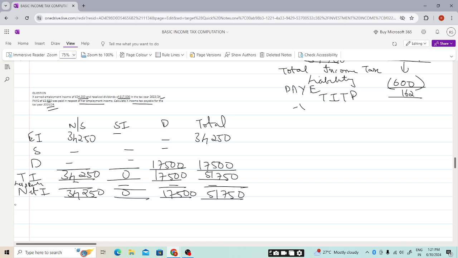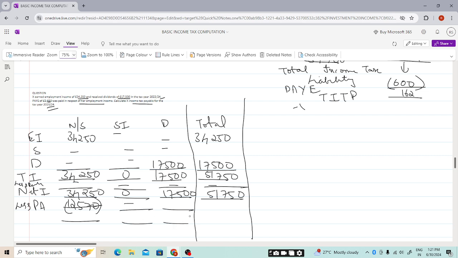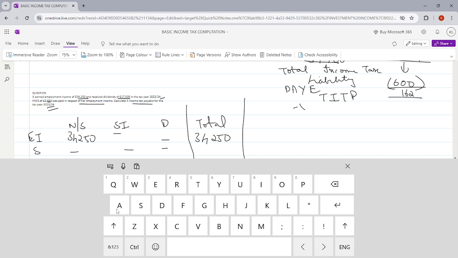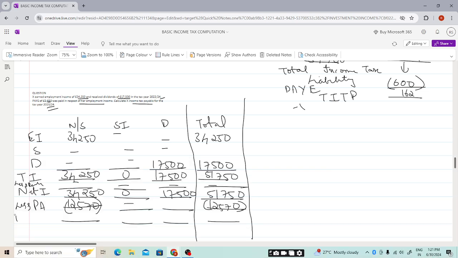Now we need to reduce the PA. First we need to see whether the PA is getting tapered or not. No, because our income is not more than 100,000 pounds. So PA is 12,570 pounds. After reducing the PA we get our taxable income.